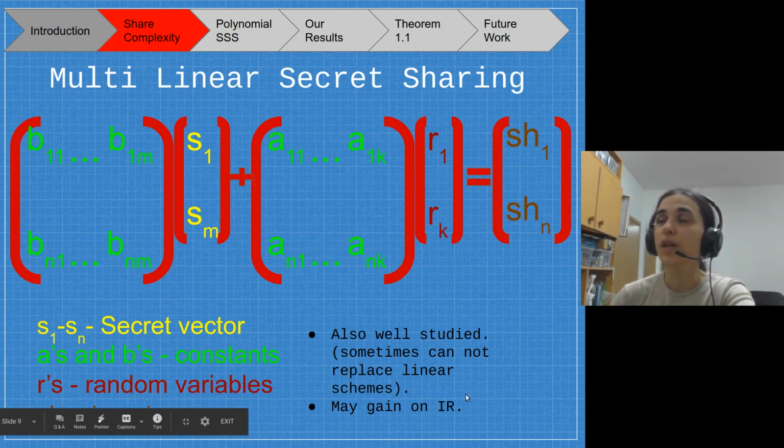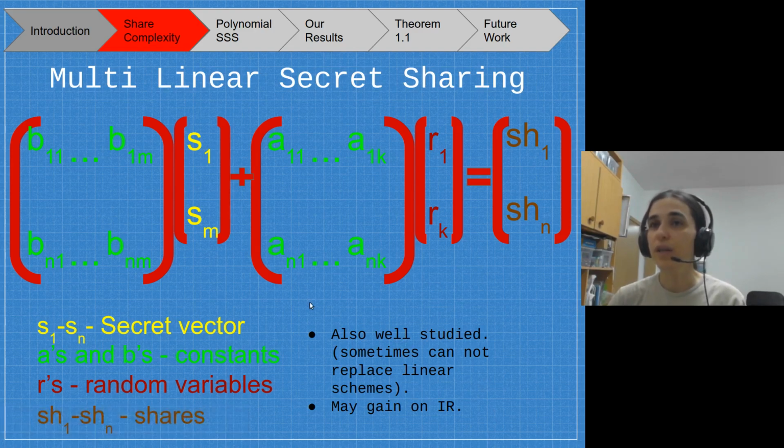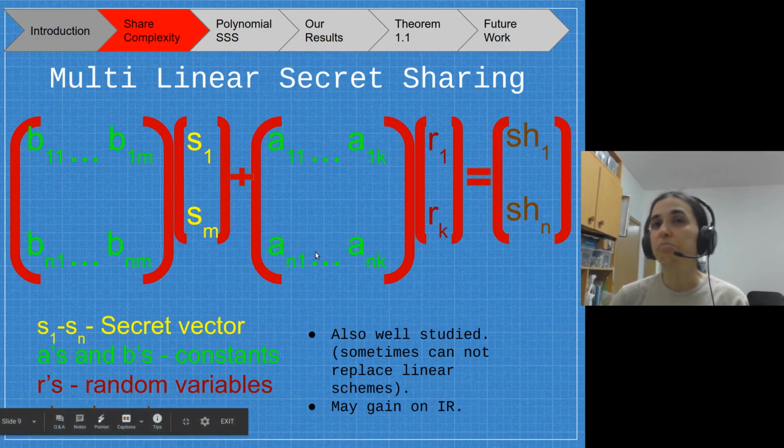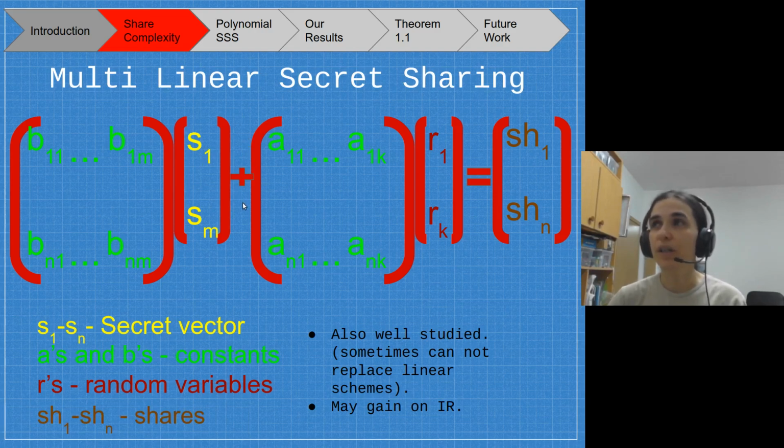For instance, for the application of devising an MPC for general adversary structures. And the advantage of considering multilinear schemes over linear schemes is gaining on the information rate, right? So possibly we could have longer secrets for the same share complexity. And there are some results showing that for some access structures, this is indeed the case.